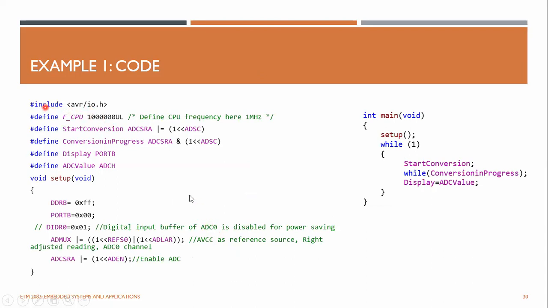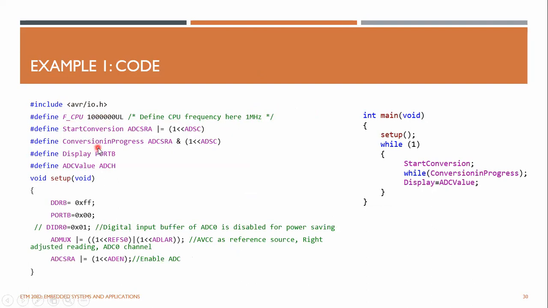You have to include the libraries, input output of AVR. Since we are using the internal 8 megahertz oscillator, by using the fuse bits, the available frequency for the CPU is 1 megahertz.